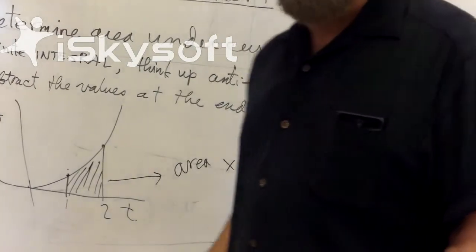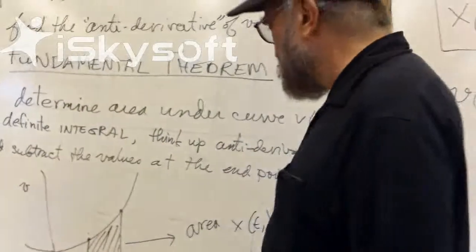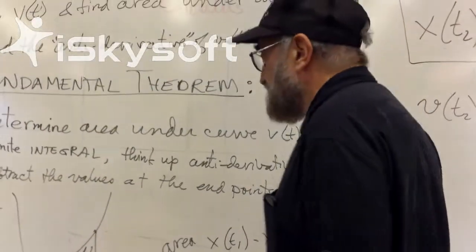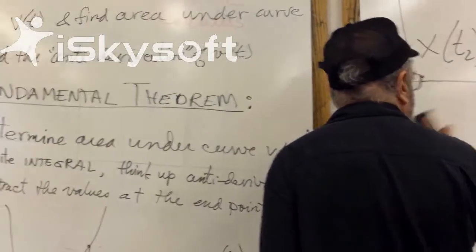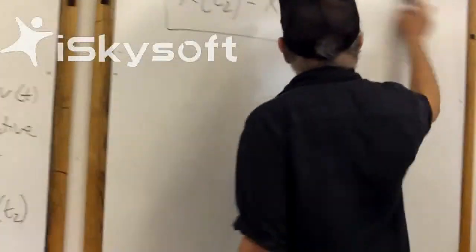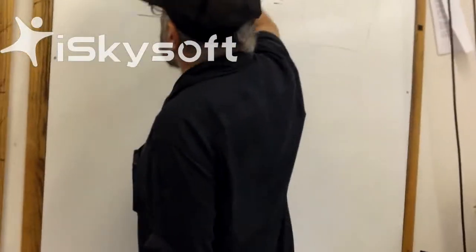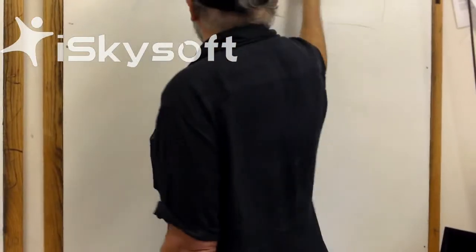And if the battery survives on the camera, I'll give you one last example on this other board. I think it shows up better when you use the whiteboard for video.